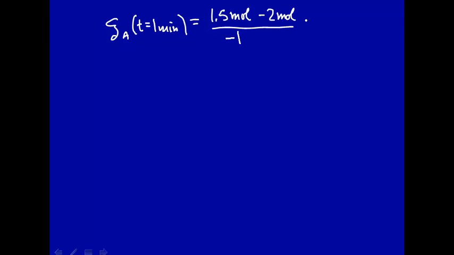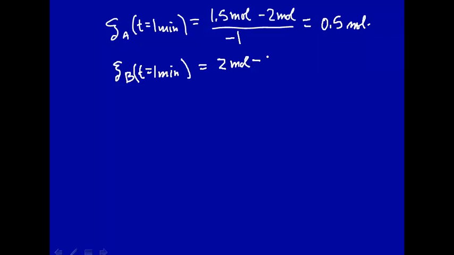So this comes out to be positive 0.5 mole. Now let's look at the extent of the reaction for B at time equal 1 minute. That's equal to how much B was present at 1 minute, which was 2 mole, minus the amount we started with, which was 1 mole, divided by the signed stoichiometric coefficient, since A goes to 2B, is just 2. So this is 0.5 mole.